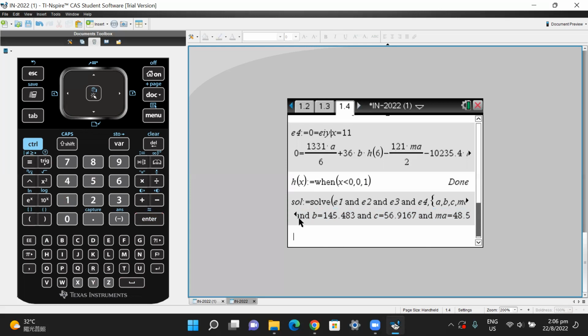So we could now plot the VM diagram in the shape of YX.